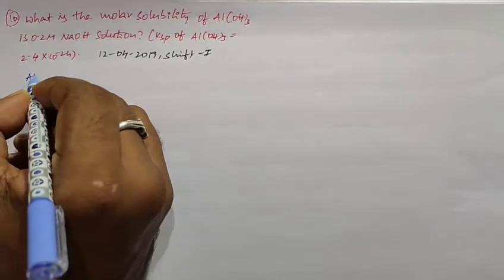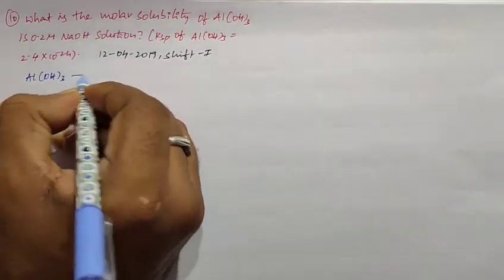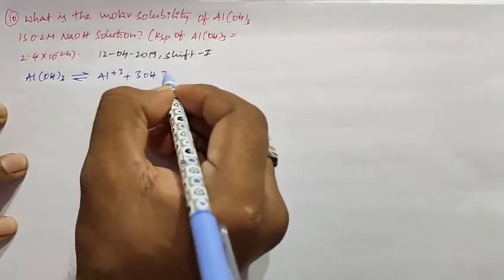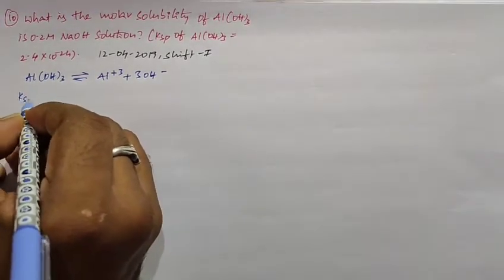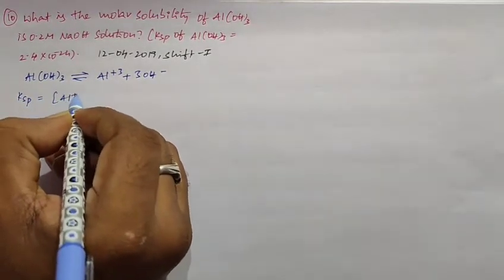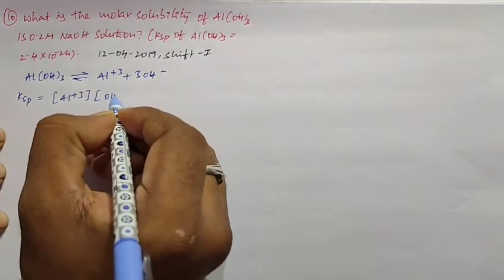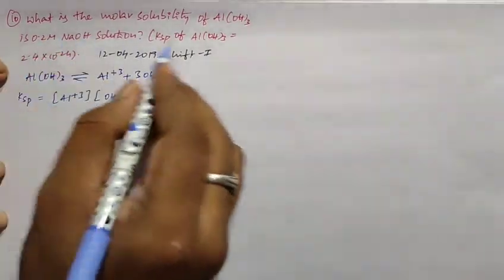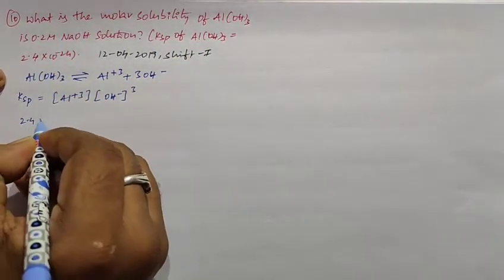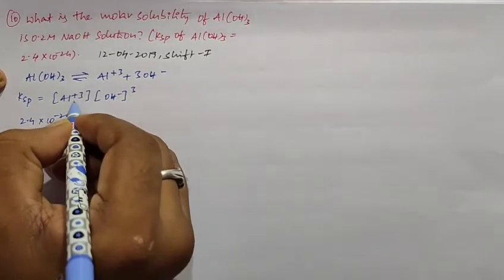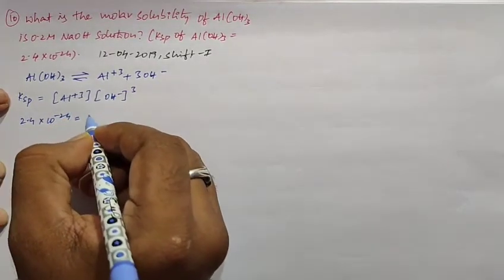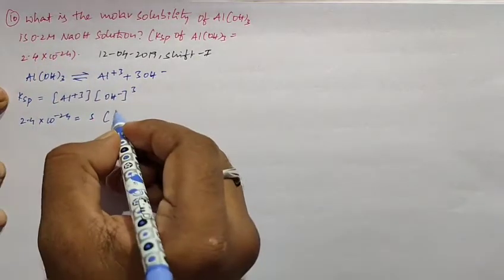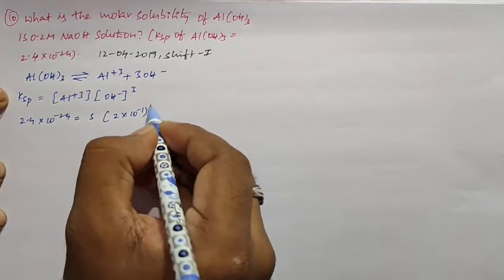If you take aluminum hydroxide, Al(OH) taken 3, when it undergoes dissociation, it can form aluminum ion and 3 moles of hydroxide ion. So if you take the Ksp of this solution, we get the concentration of aluminum ion into the concentration of hydroxide ion. So the Ksp of aluminum hydroxide is given as 2.4 into 10 power minus 24, and the concentration of aluminum ion is taken as S, and the concentration of OH they gave as 0.2 molar, so you can take 2 into 10 power minus 1 whole cube.